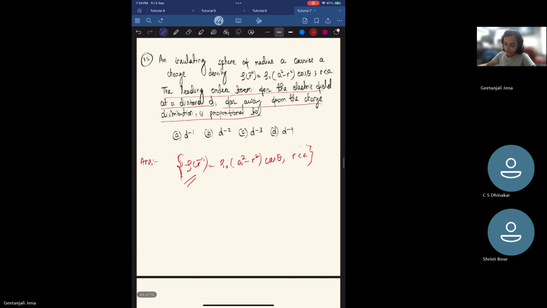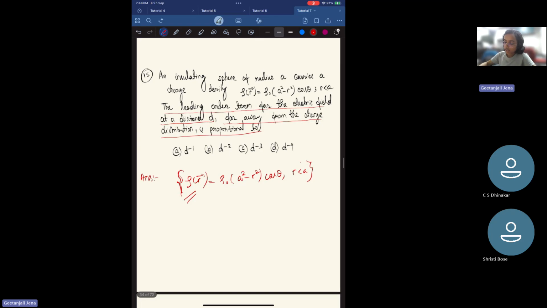If it is taking time, let me solve it. So monopole moment, it is nothing but the total charge. It is integral of rho r prime dv prime, right? So rho is given.